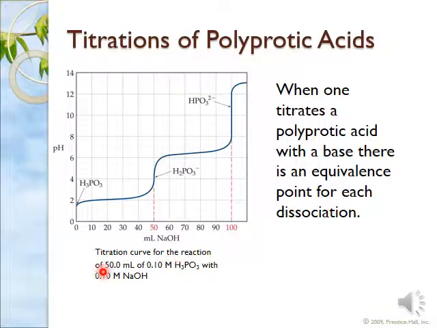So M1V1 equals M2V2, we will expect 50 ml of sodium hydroxide. And to react with the remaining H plus, we would expect another 50 ml of titrant. So here you see two inflection points.